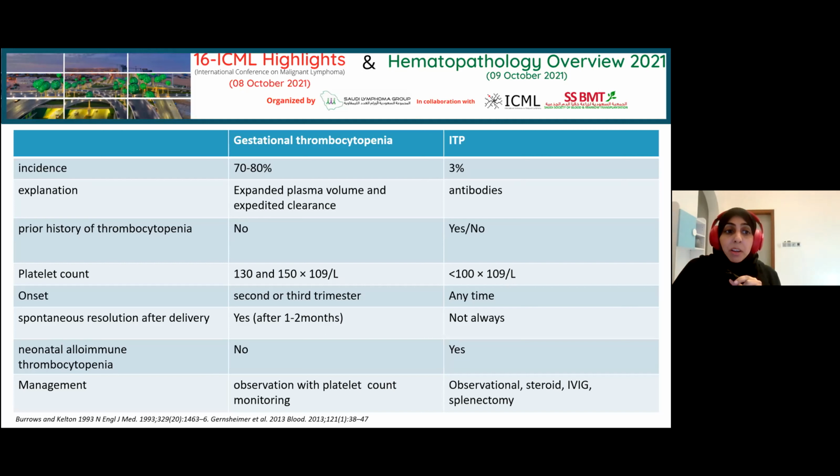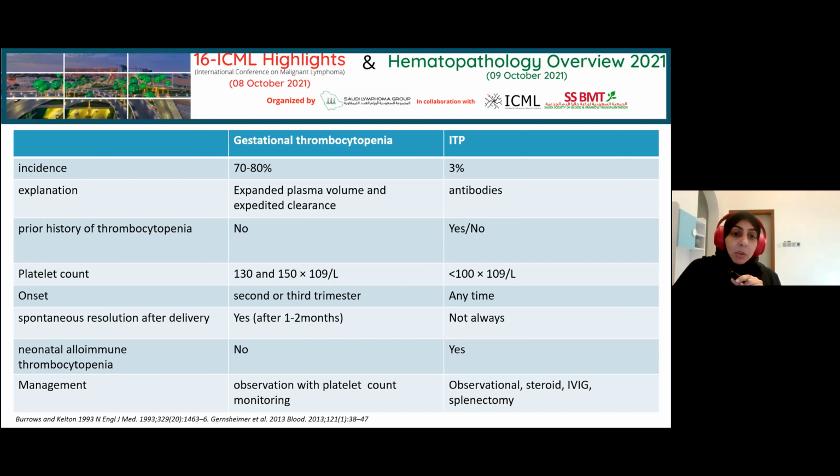Whether there is a prior history of thrombocytopenia or not could help. In ITP, sometimes the onset could be prior to pregnancy. This will be helpful to determine the cause, but sometimes the onset is during the pregnancy, and you wouldn't know.